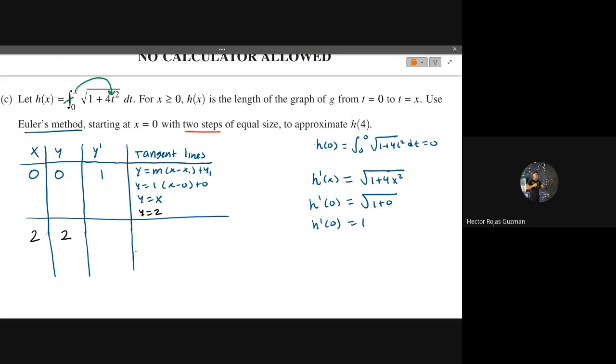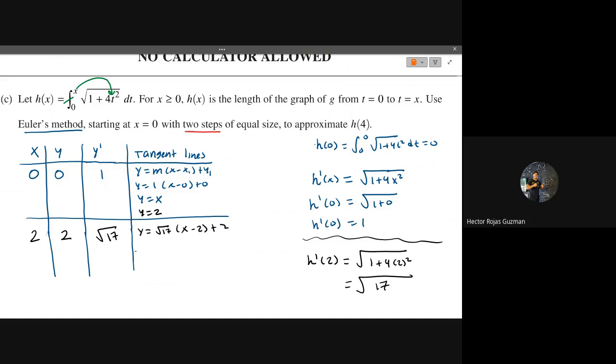You also have to go get the new slope. H prime of 2 equals the square root of 1 plus 4 times 2 to the power of 2. And that equals the square root of 17. So your new tangent line is going to be the square root of 17 times x minus 2, plus 2.